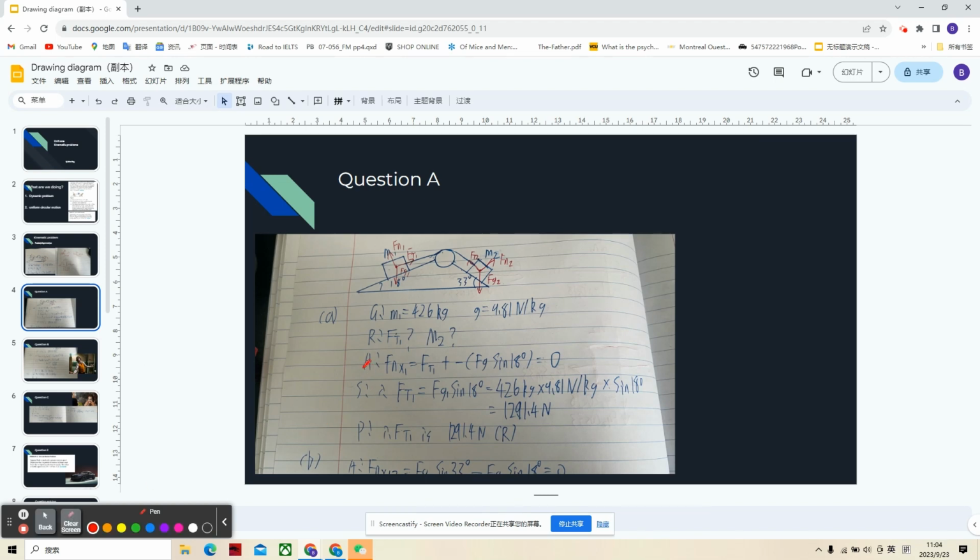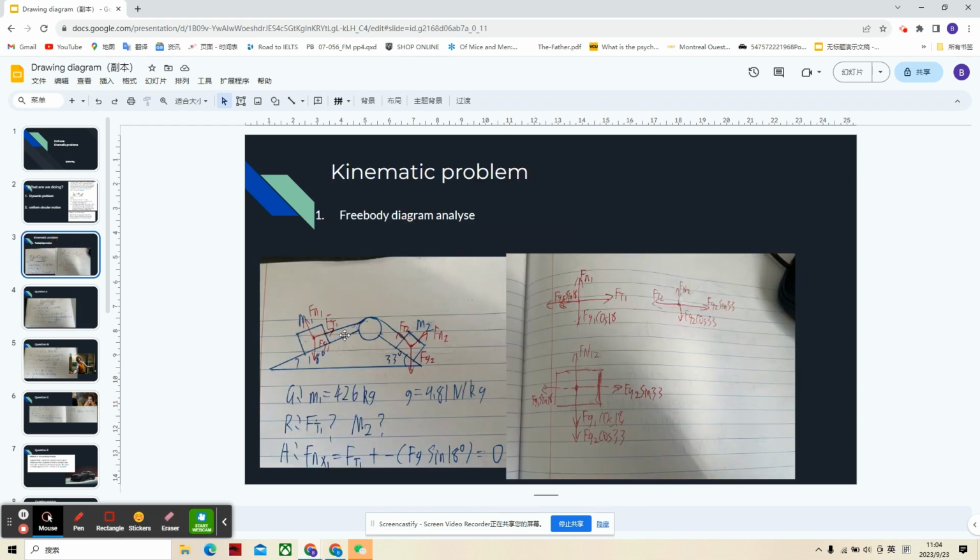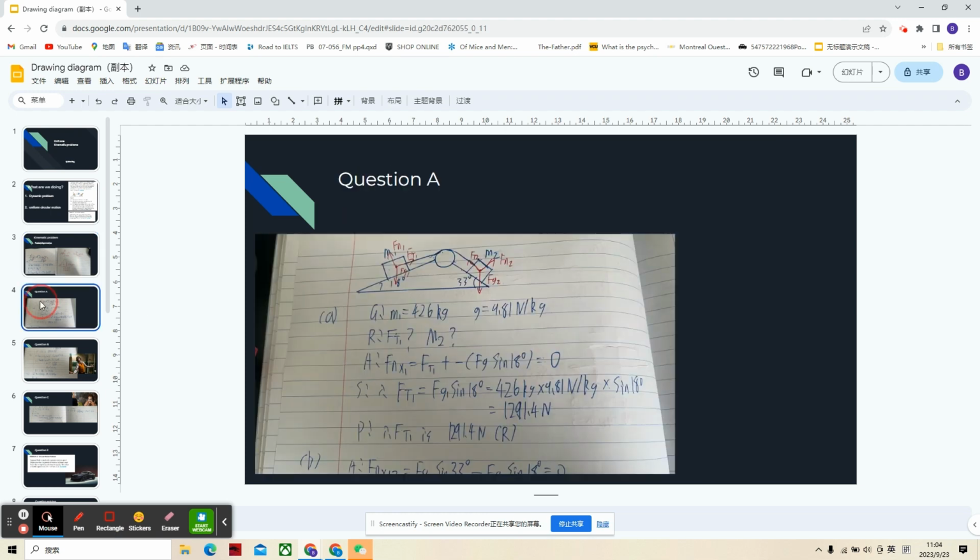What we use here is the force analysis on the x direction. For the x direction for only M1, it should be only the force of tension and the force of gravity x, FG1 sine 18.